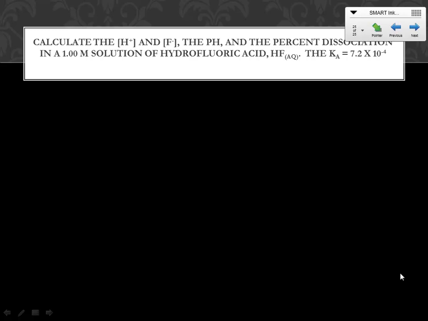All right, so here's the problem written up so we have a little working space. Remember, initially you're going to have to list the major species. And our major species for this one are going to be H2O and HF. The acid that's present is going to be written as HF rather than H+ and F- because it's a weak acid and will be present primarily as hydrofluoric acid, not as its dissociated ions.